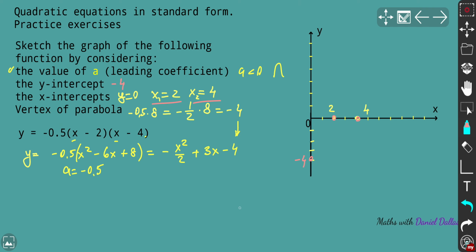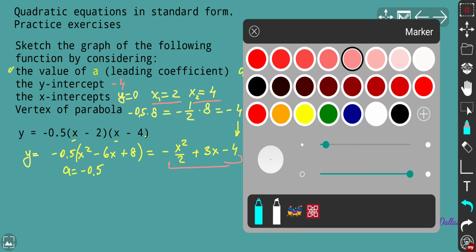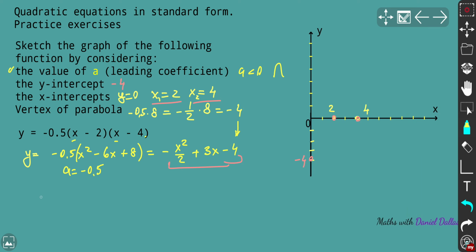Here we need to use the factorized equation for the graph. And right now we're going to do the same steps. So the x vertex coordinate is negative b over 2a. So in our case, a, be careful, is negative 1 over 2, and b is 3.